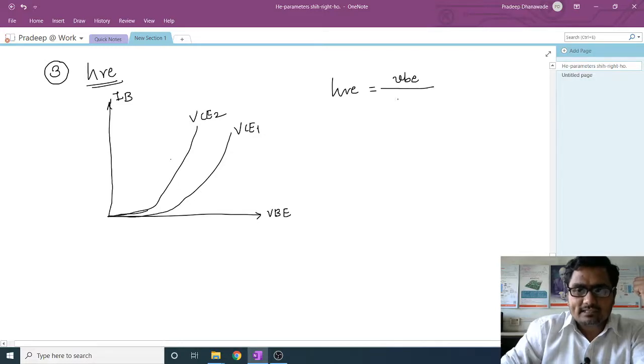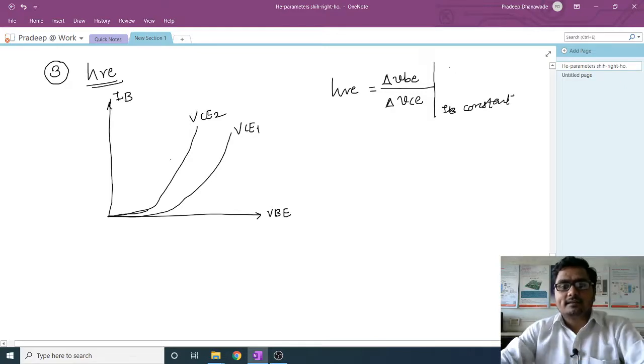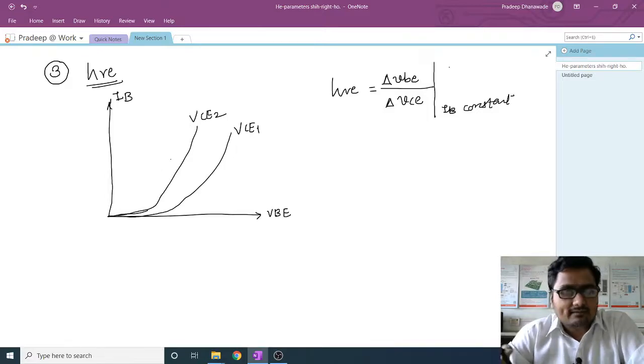What is output voltage? It is VCE. Now delta VBE and delta VCE. But what is constant? Obviously IB has to be constant. So delta VBE divided by delta VCE when IB is constant. I want to calculate HRE.